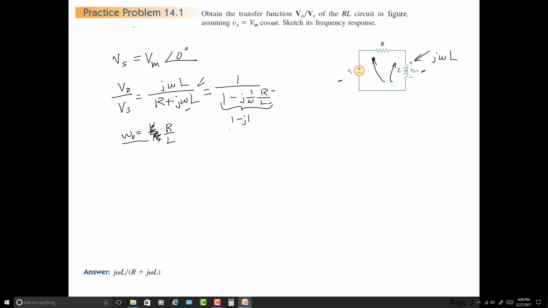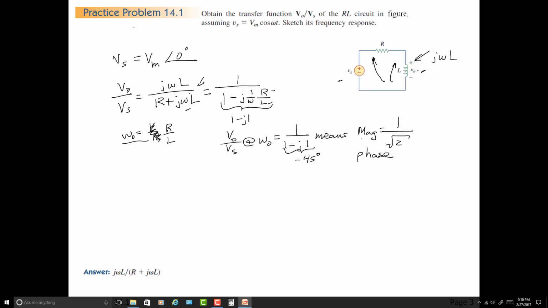You'll notice a couple of things happen here. If I solve the equation at omega 0, the transfer function is 1 over 1 minus j1. That means the magnitude is 1 over the square root of 2, and the angle of this denominator is minus 45 degrees.